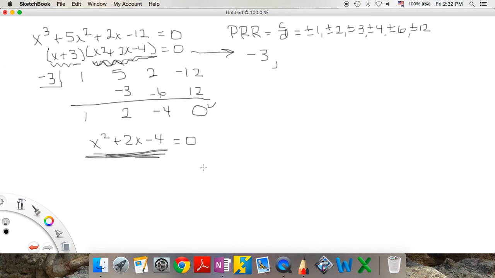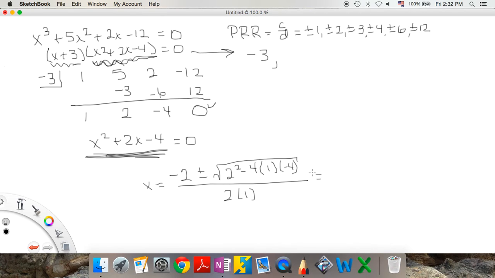Well, in order to solve that, we need our quadratic formula. So we have opposite b plus or minus the square root of b squared minus 4ac all over 2a.